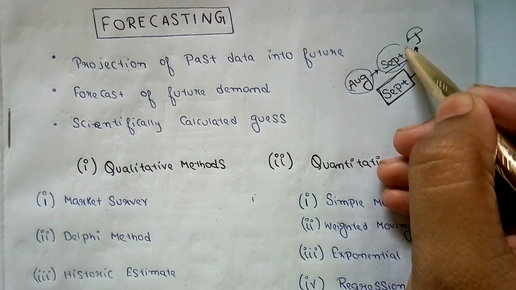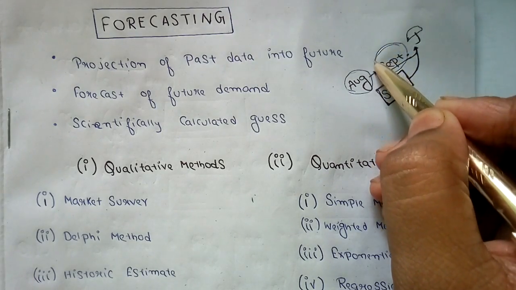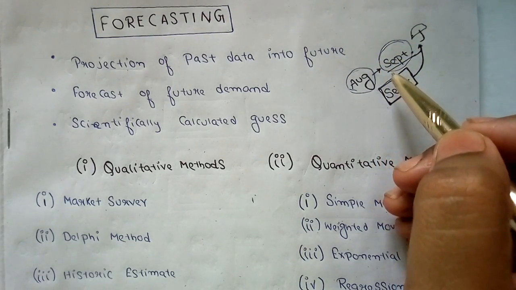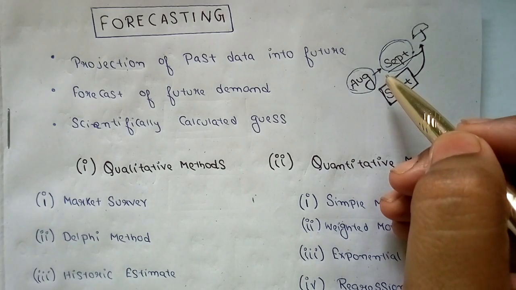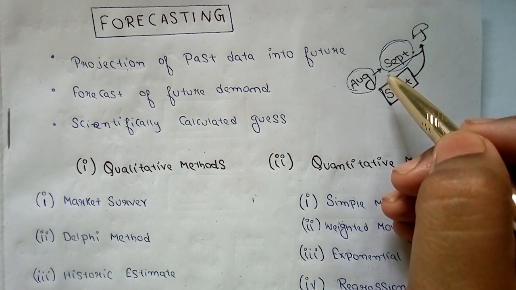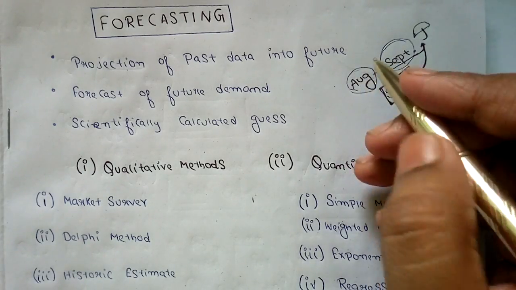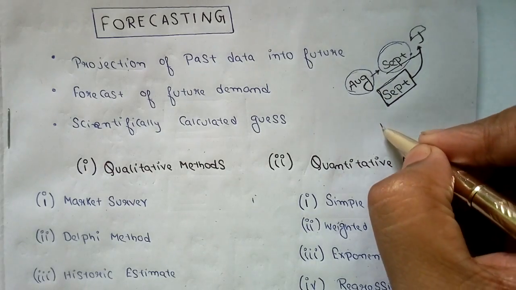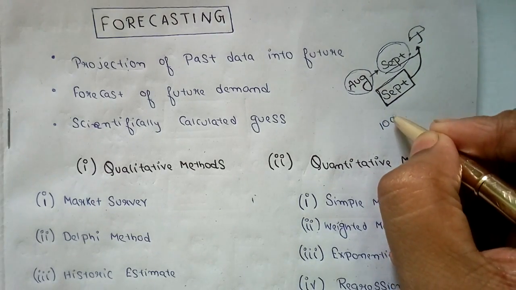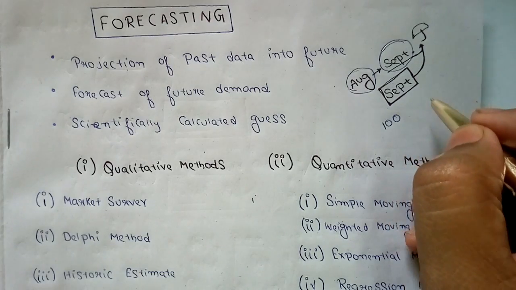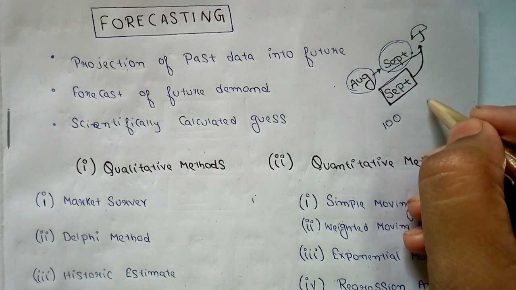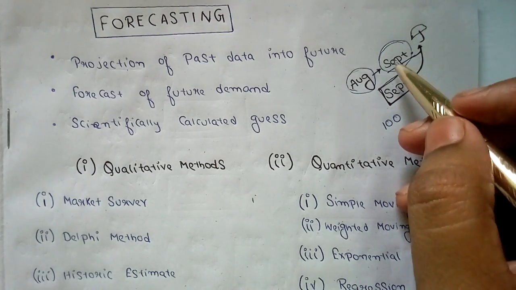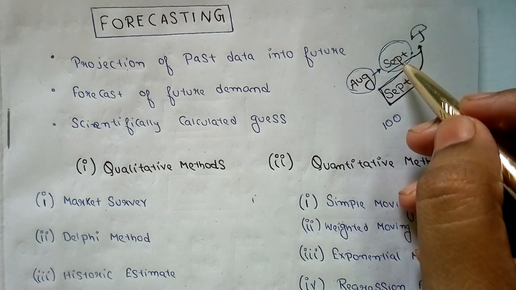For that I cannot just look at the number of umbrellas manufactured in, say, March. Suppose in March I produced just 100 umbrellas.